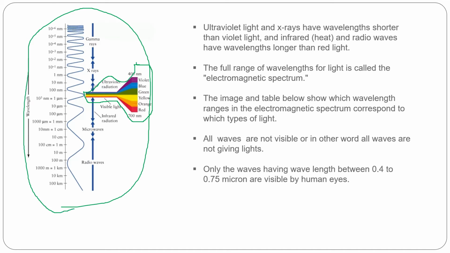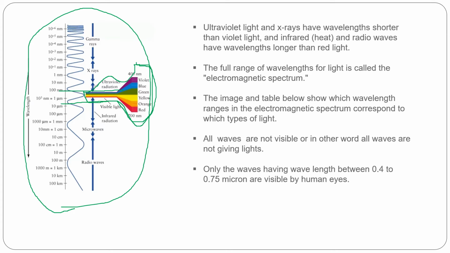In this range, we are just going to use this much wavelength of light. Almost 0.4 to 0.75 micron is visible to human eyes. You cannot see gamma rays, X-rays, microwaves, or radio waves.